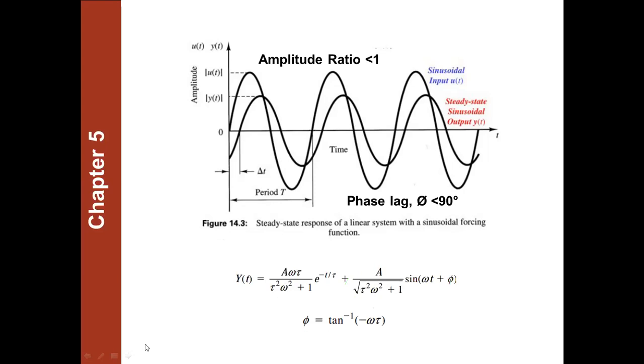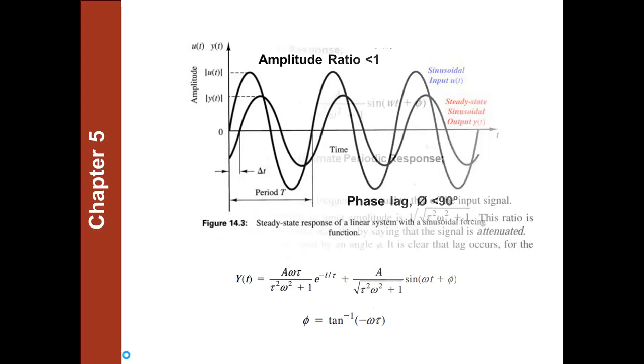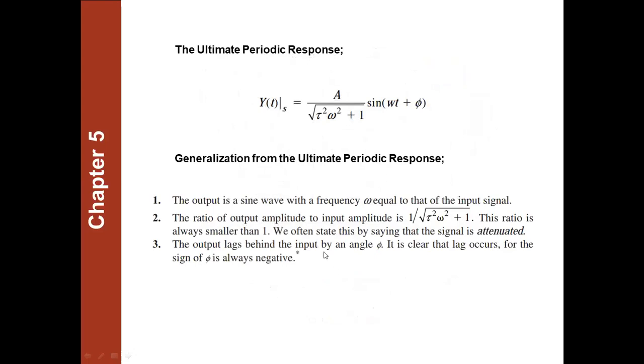Okay, let me proceed. So these are the things that I have mentioned already. So same radian frequency for both the input and the output. The ratio of the output to the input amplitude is always less than 1 because output value is lesser than input.